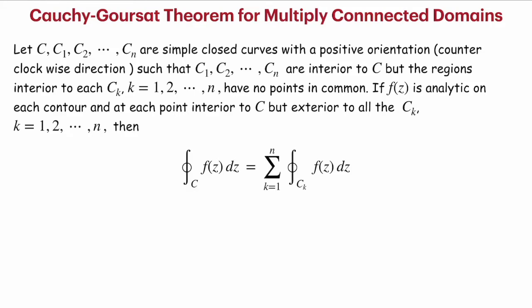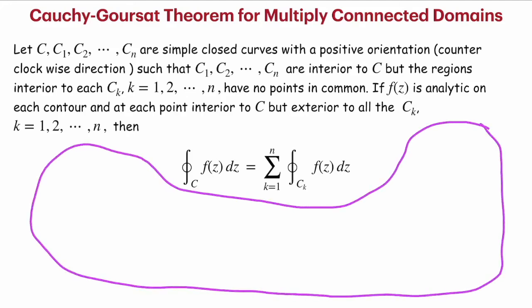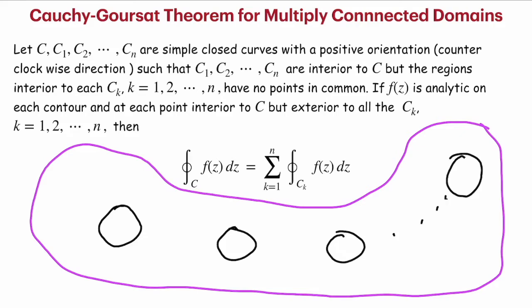Let's try to draw this concept. It is not so complicated. We have a region here. This is marked by the pink curve, and then let's have some holes in there. Let's say 1, 2, 3, etc. n. So these are the holes which you have in your region.